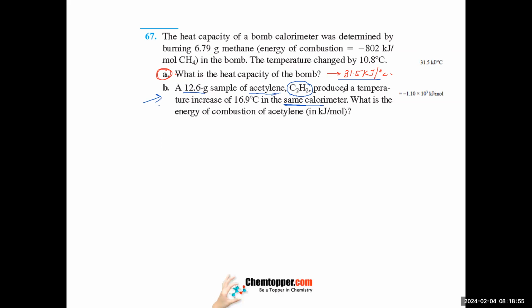So they are saying it's going to produce a temperature increase. So we know delta T, 16.9 degrees Celsius. Same calorimeter. So I can calculate Q water because this is the heat gained by water. So it is C delta T. What is C?